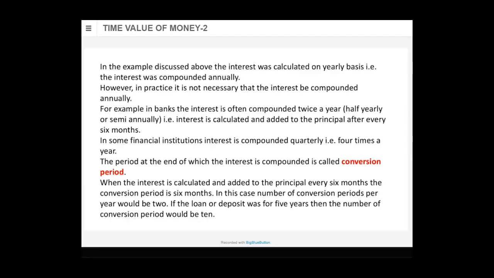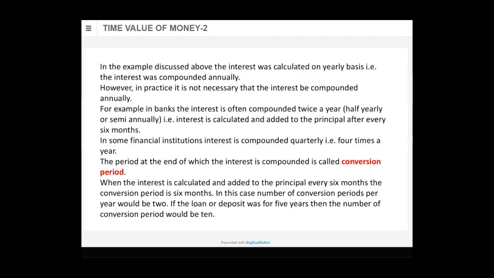In banks, the interest is often compounded twice a year, half yearly, or it is called semi-annually. Half year, 6 months, semi-annual, one and the same. That is, interest is calculated and added to the principal after every 6 months.